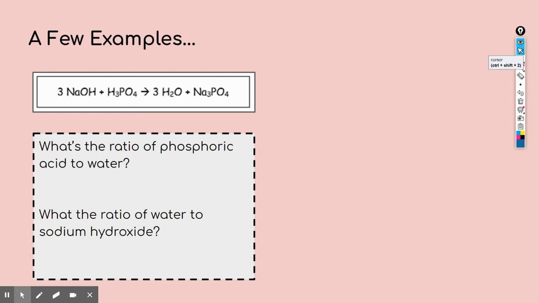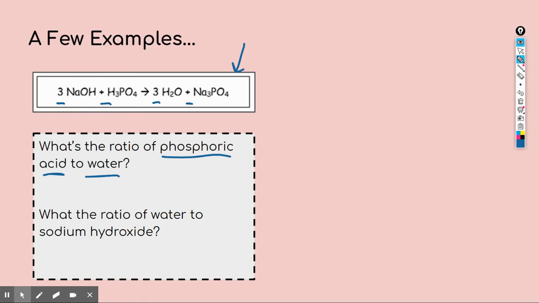So let's go ahead and take a look at an example. Let's figure out the ratio of phosphoric acid to water given this equation. It is already balanced, and you'll see that because I already have the coefficients here, and there's a 1 and a 1.